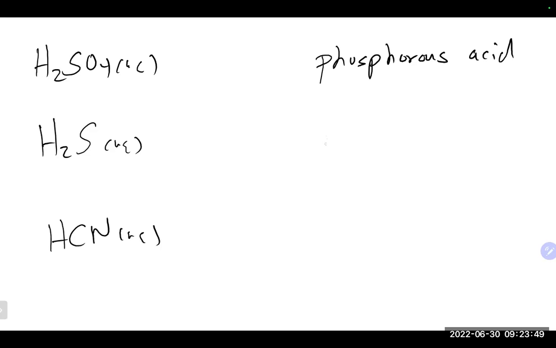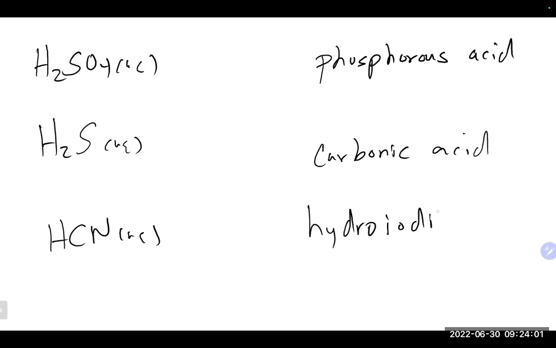Let's do carbonic acid. Let's do hydroiodic acid. All right, names on the left, formulas on the right.